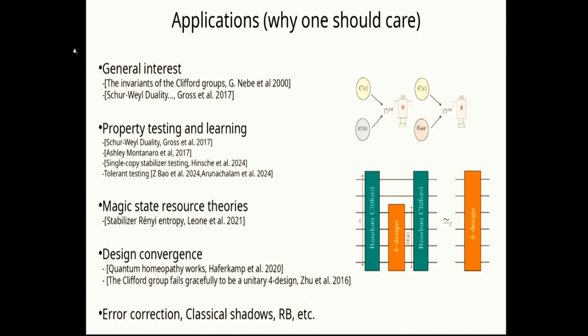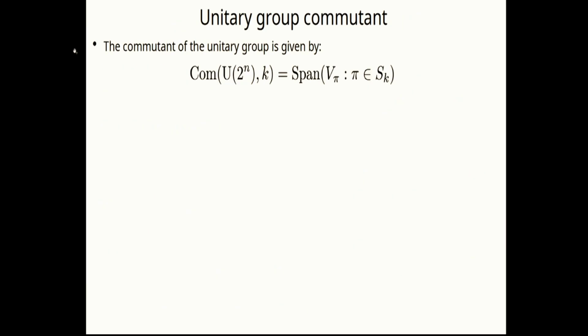When you actually want to use that in practice, using Cliffords is often nice because they are efficiently implementable and, within the framework of error correction, quite useful. And then analyzing this design convergence, for instance in a Clifford plus T model, you also need this Clifford commutant heavily. So I hope I motivated a bit why I find this thing interesting.